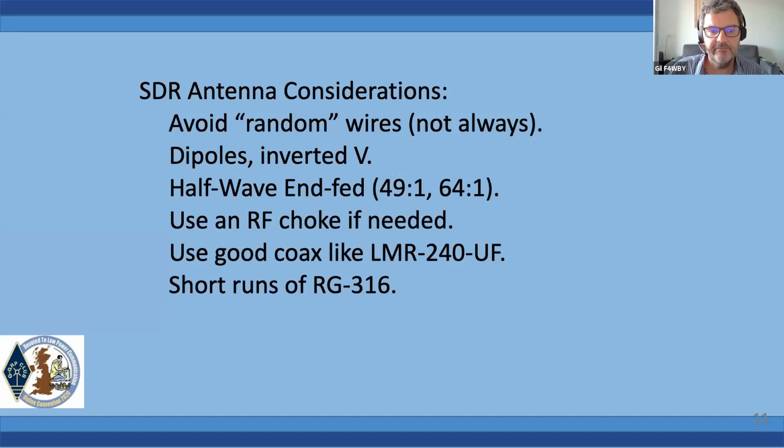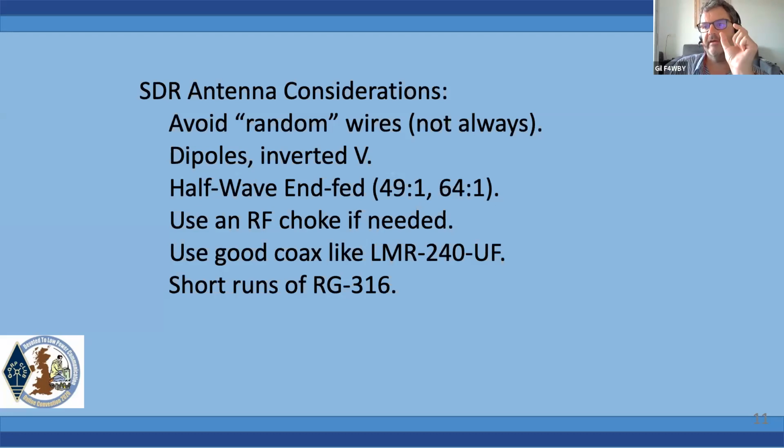Although my favorite antenna is the half-wave end-fed antenna, with a 49-to-1 or 64-to-1 transformer. And for that, I use the FT140-43. I even went down in size to the FT82-43.